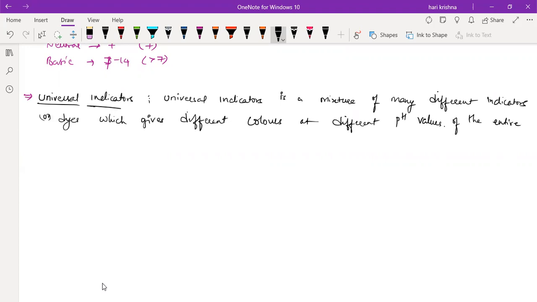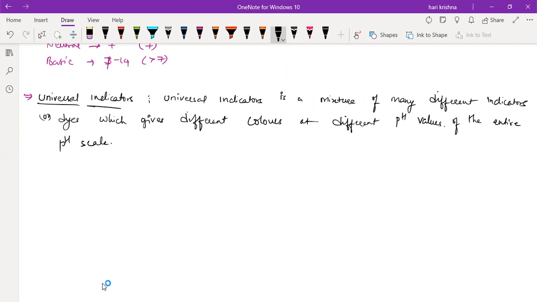Next, anyone? So universal indicator is a mixture of many different indicators which give different colors to the different pH values of the entire pH scale.